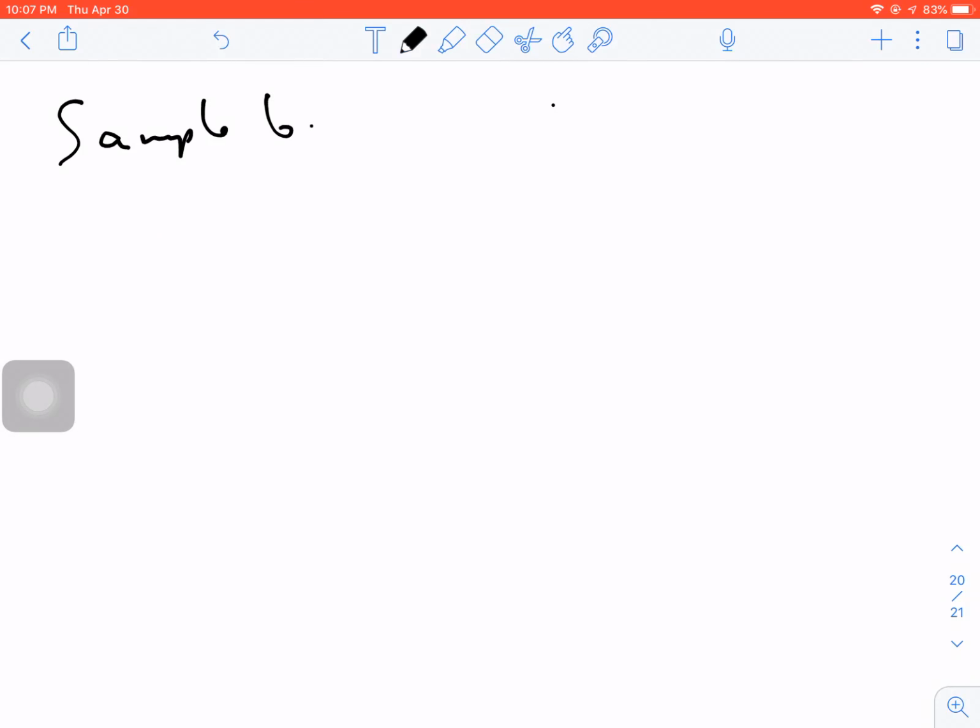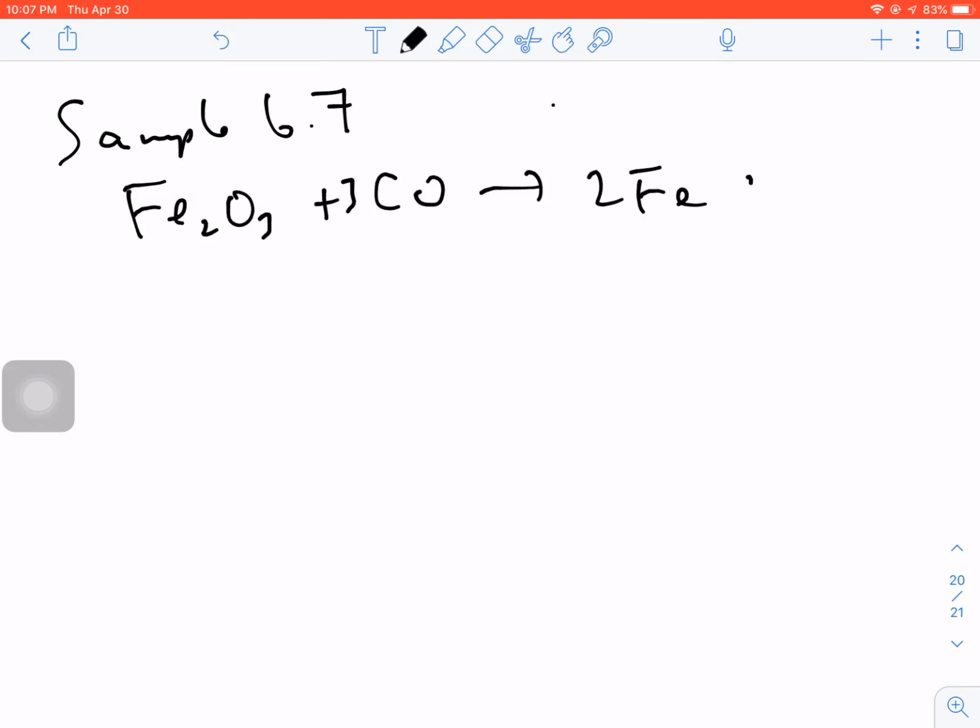This is from section 6.7. The sample says I'm going to take Fe2O3, which we were calling hematite, and react it with carbon monoxide. There's 3 of them, and I'm going to get 2 moles of iron and 3 moles of carbon dioxide gas.